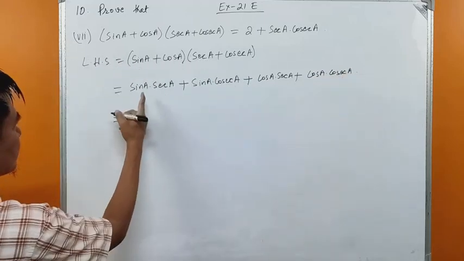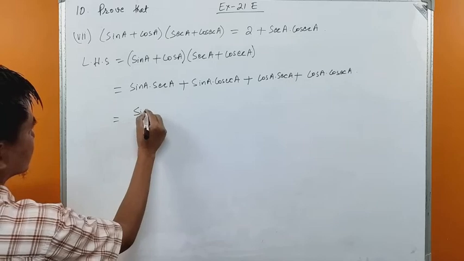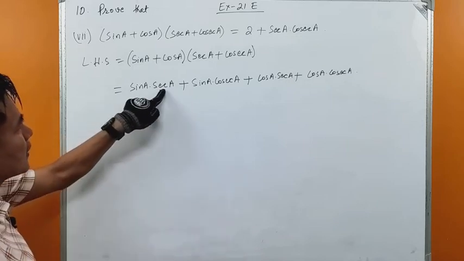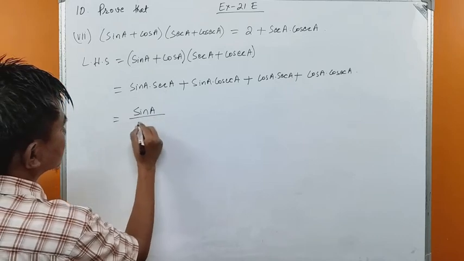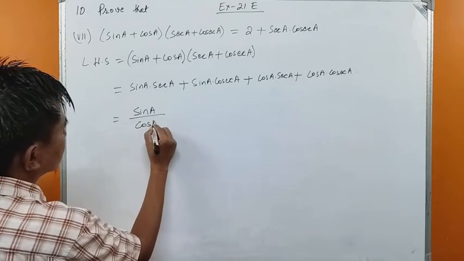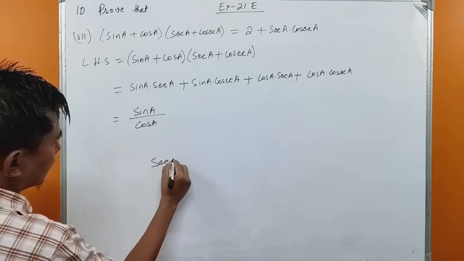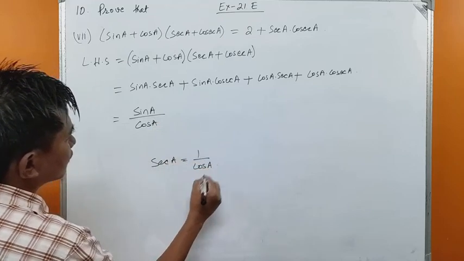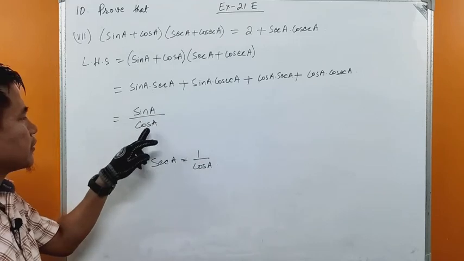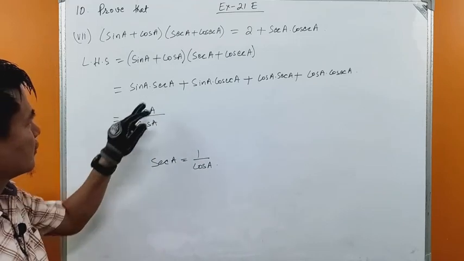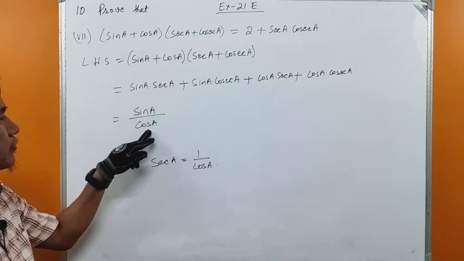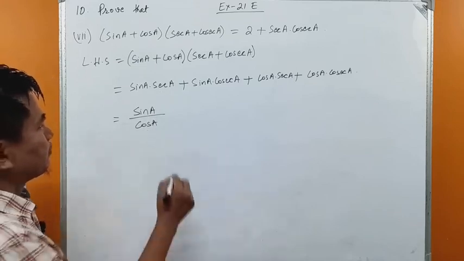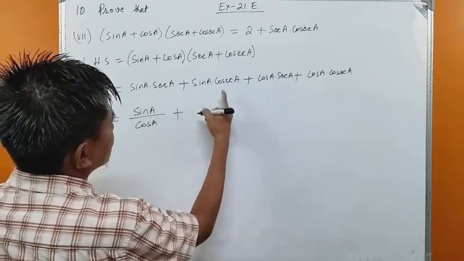Now I write this sin A as it is. Sec A means 1 by cos A, isn't it? So this can be written as upon cos A. Cos and sec are reciprocal of each other, so sec A can be written as 1 by cos A. So sec A was in the numerator, I bring it down to the denominator, it becomes cos A, plus sin A into cosec A is 1.